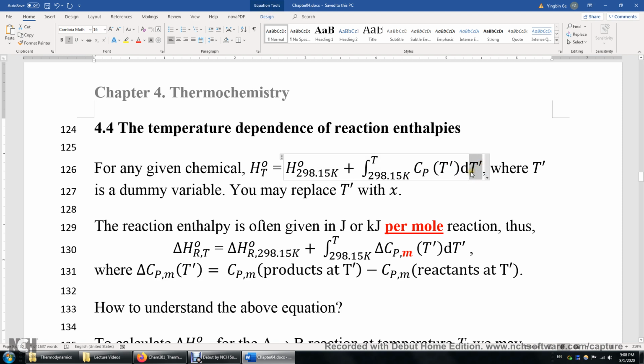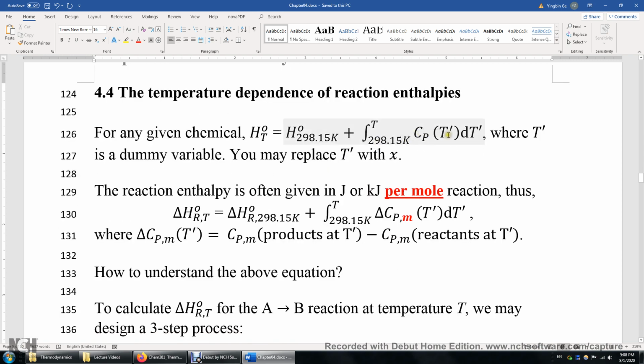It's just a dummy variable. I used T prime only because I used T as the upper limit here, so I need a different variable. You can use x to replace T prime. This Cp of T prime tells us that sometimes the heat capacity depends on temperature.